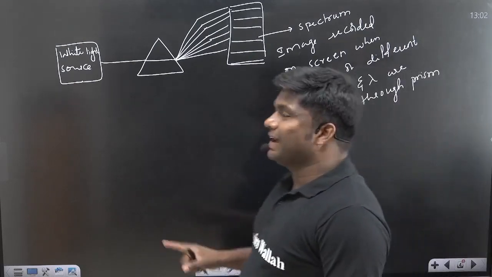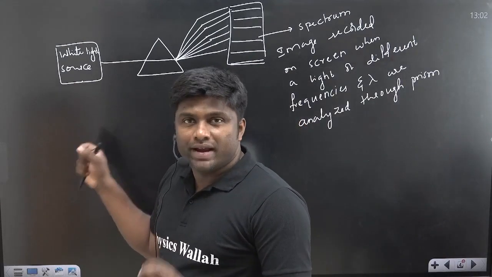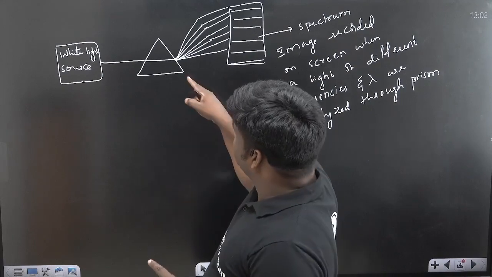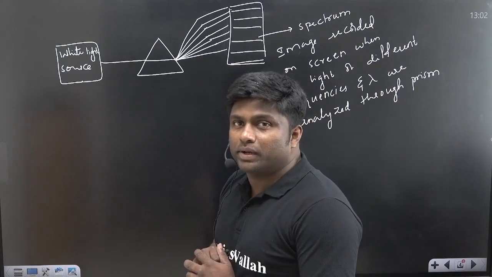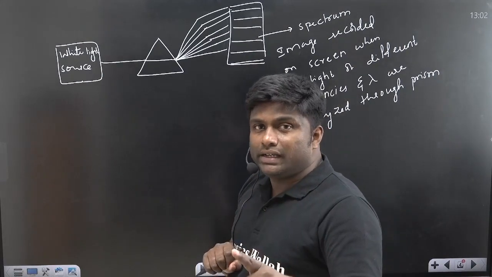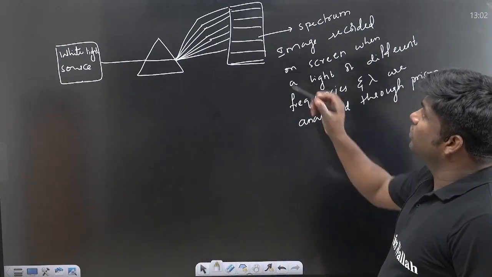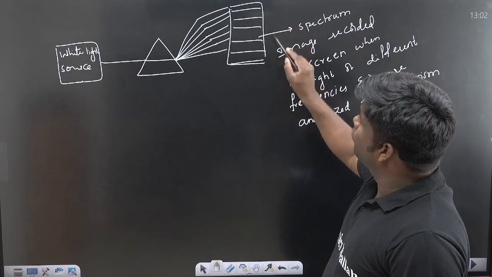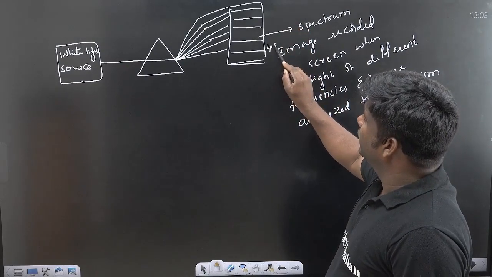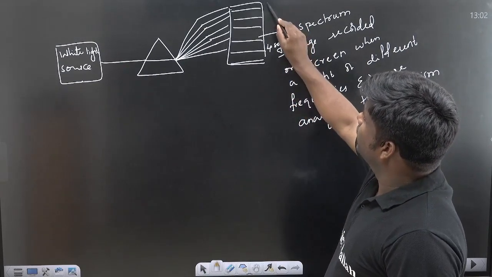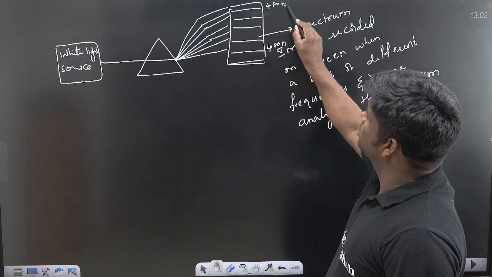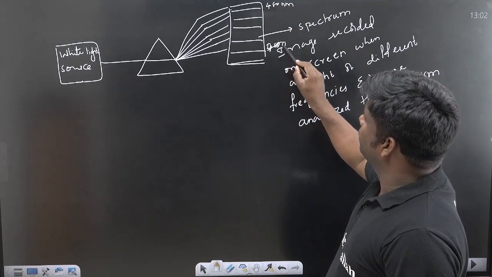We have analyzed what light here? White light. White light is made up of what wavelength to what wavelength? 480 nanometers to 700 nanometers.